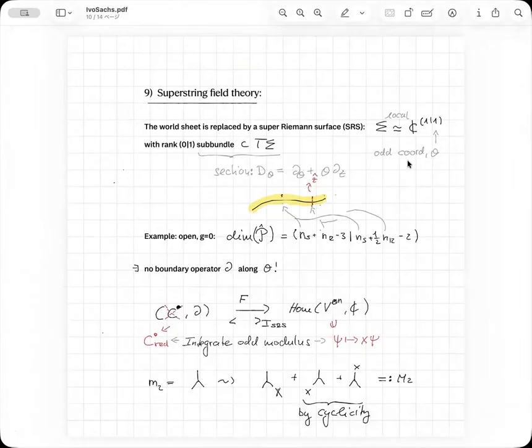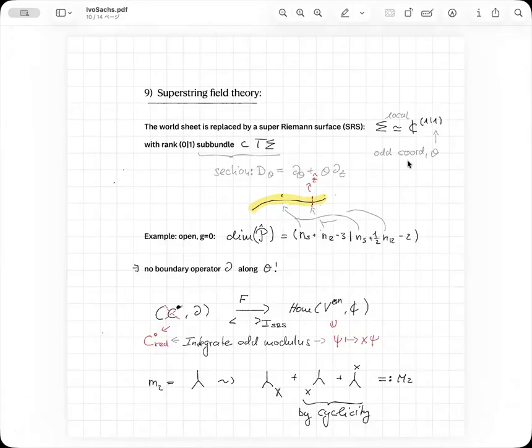So now what we've done is, as we said, we have no chain decomposition on the supermoduli space, but we can first integrate over the odd coordinate, and then we end up on the reduced moduli space. And on this, we do have a chain decomposition. So locally, we can do it. Globally, this can go wrong, because when the moduli space of the super Riemann surface is not split, you cannot do this globally.